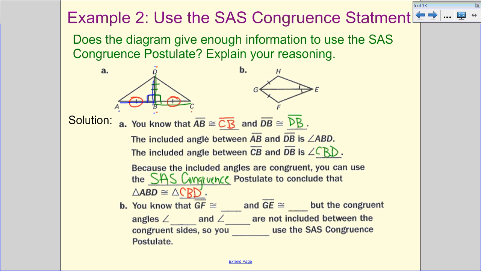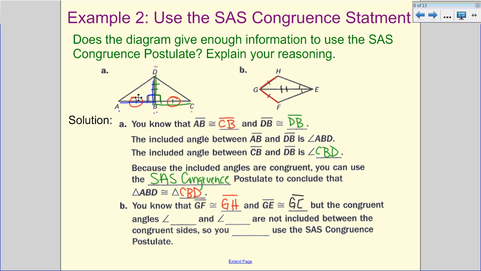If we take a look at what we have here, I know that GF is congruent to GH. I can see that. And I know that GE is congruent to GE because they're reflexive.